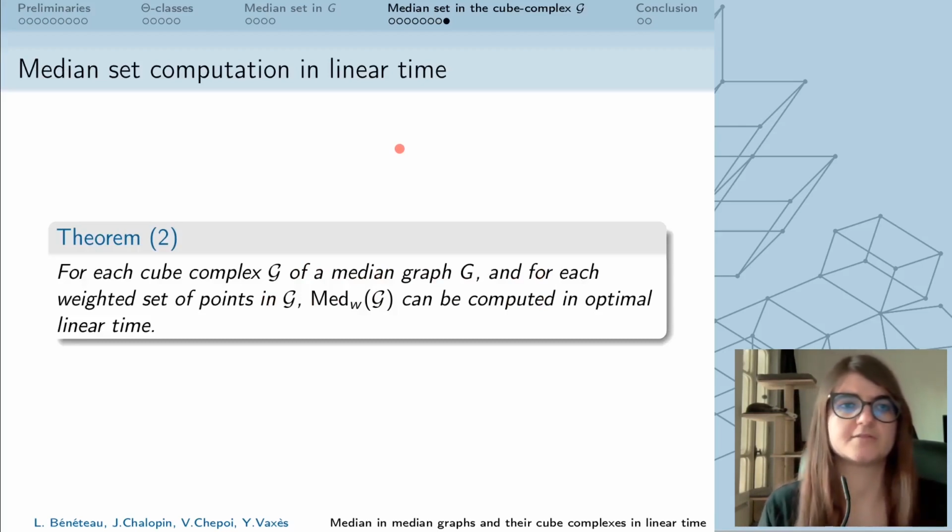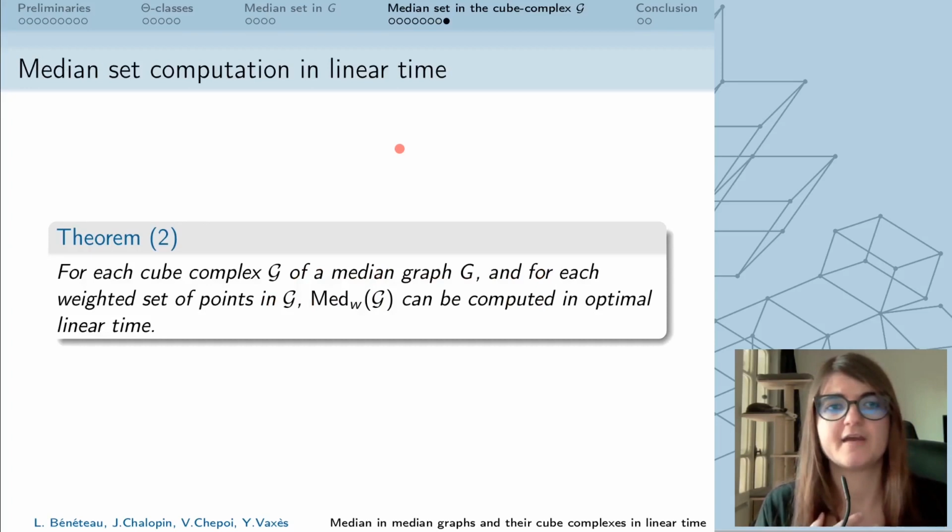So, as a conclusion, we saw, for each cube complex of a median graph and each weighted set of points in this complex, the computation of the median sets. We didn't go into further detail about complexity, but it can be done in linear time.